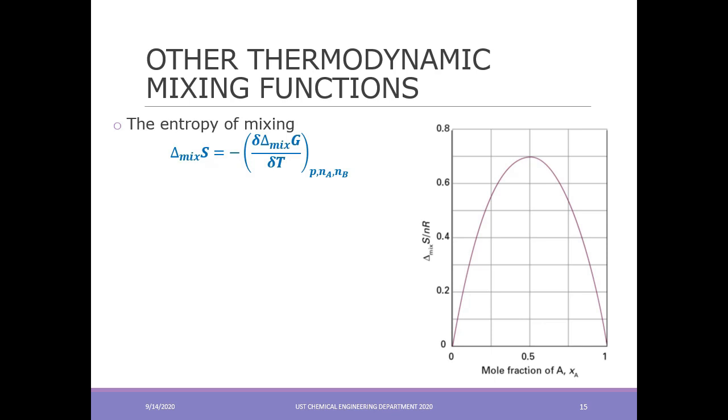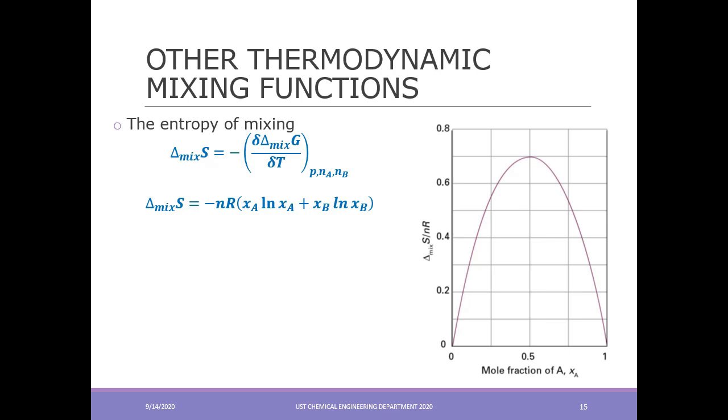Knowing the equation for Gibbs energy of mixing, we get the entropy of mixing as negative nR times the quantity (x_A ln x_A + x_B ln x_B). Because ln x is negative, it follows that the entropy of mixing is positive, or increasing, for all compositions, as illustrated in the graph on the right.